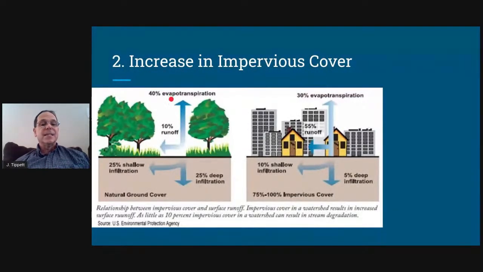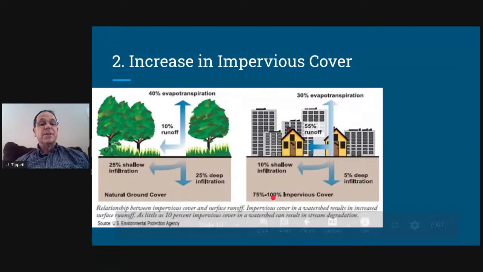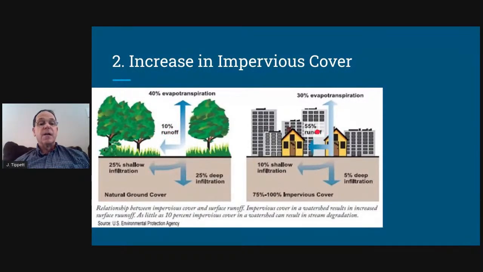Now take a look at that same site after it's developed, and the site becomes 75 to 100% impervious, like a downtown area. All of a sudden it goes from 10% runoff to 55% runoff. Most of that rainfall is now being pushed off to the stream.